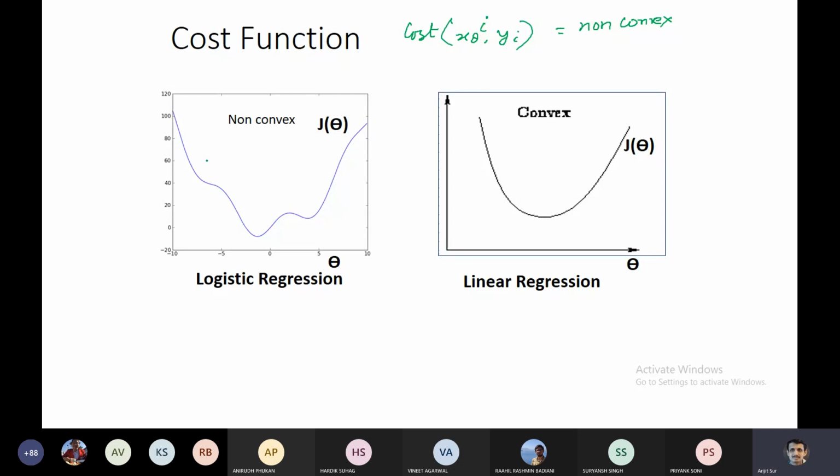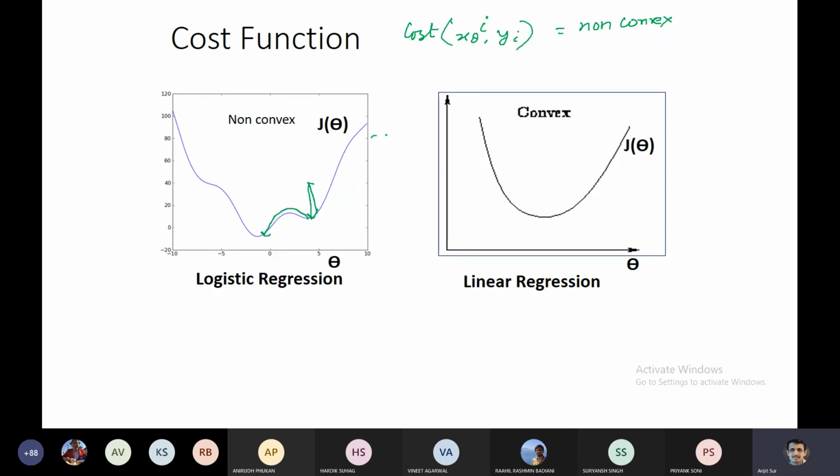Now you can see if you are stuck here, it is very tough to get back, because this is also a kind of convex-looking region. If you get trapped here, you cannot get out.